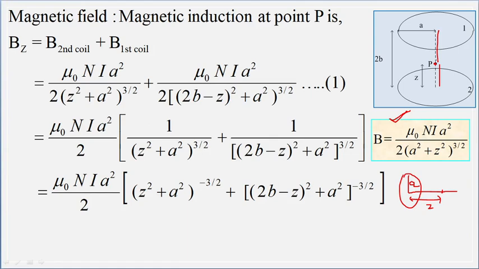So the magnetic field direction will be the same, and that's why to get the total field we add them: the magnetic field due to the second coil plus the magnetic field due to the first coil.